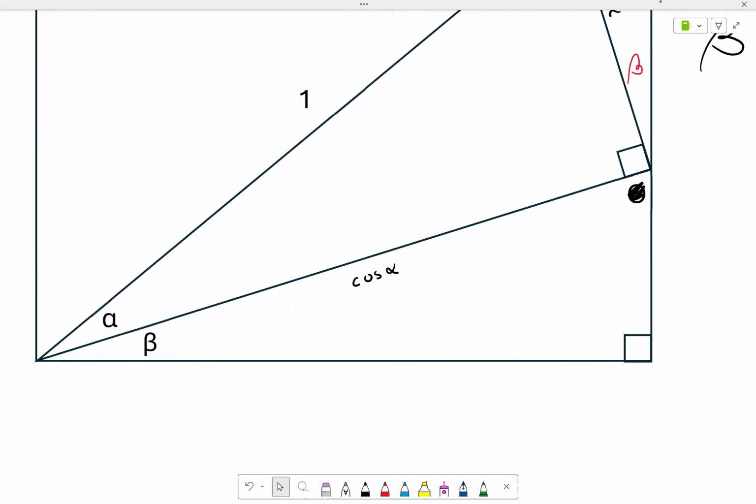The very bottom? Is it cosine beta? If this were 1, it would be cosine beta. But this length is cosine alpha, so beta times that. Are we good with that? Cosine alpha times cosine beta?